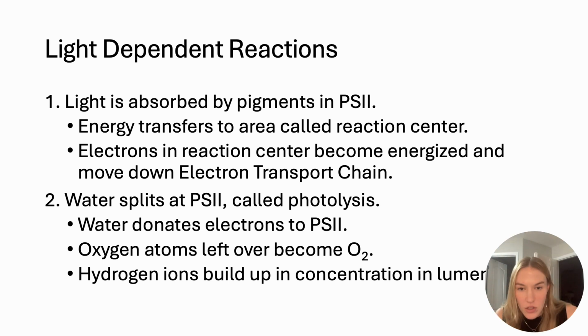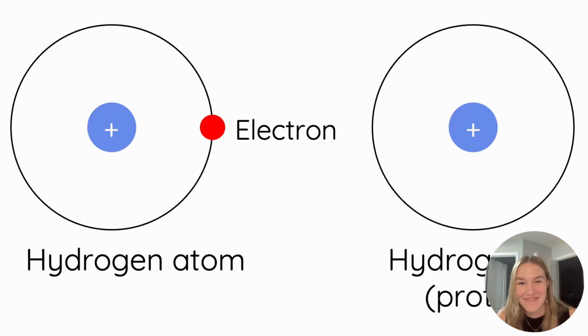The electrons in the reaction center are going to be energized and move down the electron transport chain. While this is happening, water is splitting at photosystem 2. This is called photolysis. Then that water is going to donate the electrons to replenish the electrons that were at the reaction center. Now let's see what I mean by this.